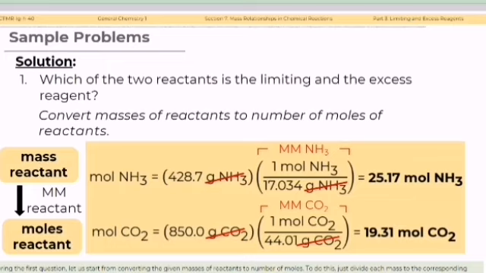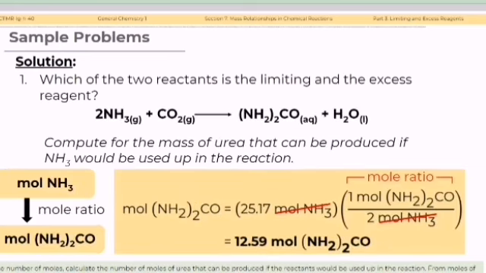For carbon dioxide, its amount in moles equals 850.0 grams divided by 44.1 grams per mole. This gives a value of 19.32 moles of carbon dioxide.